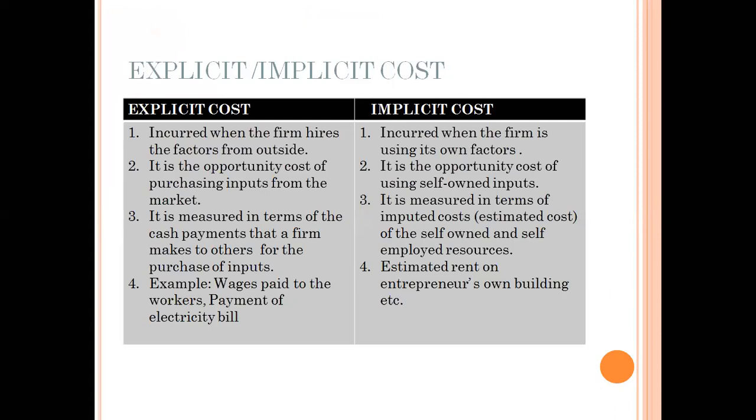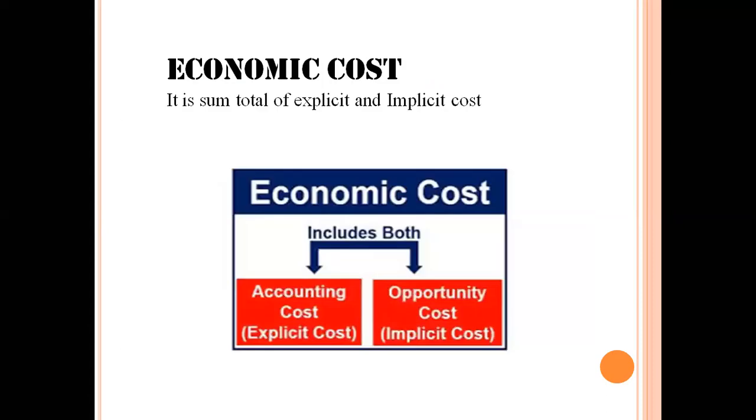Explicit cost is in the form of cash paid to an outsider, for example salary or wages, payment for raw material, electricity bill paid. But implicit cost is, for example, rent of own building, salary to oneself working as a manager, right?